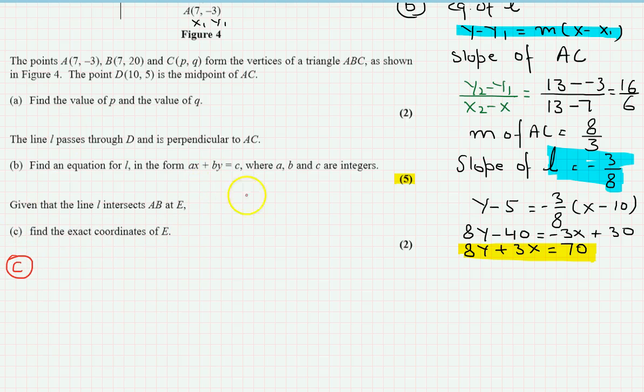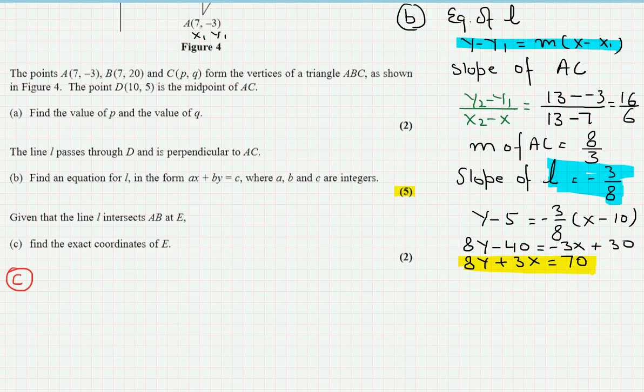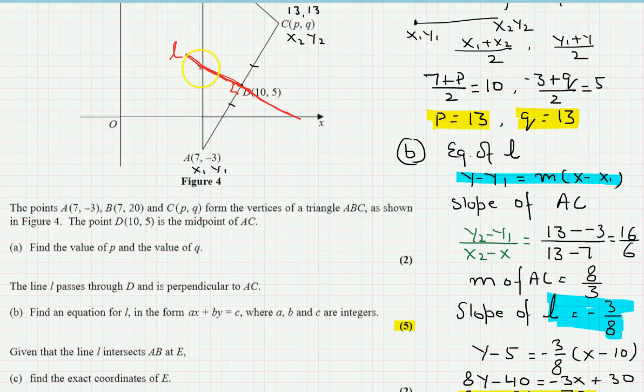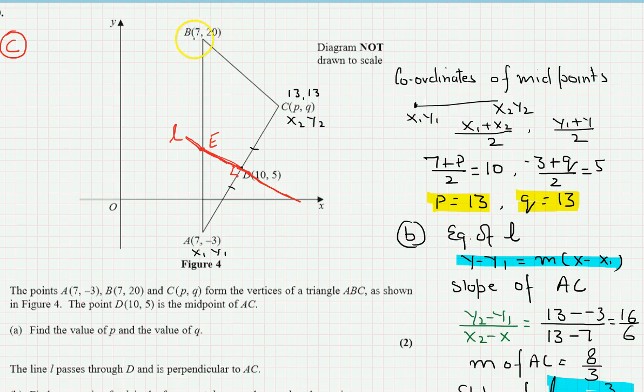Find the exact coordinate of E. Now this one is intersecting at E. This x coordinate is 7 and this x coordinate is 7. So this line is x is equal to 7.